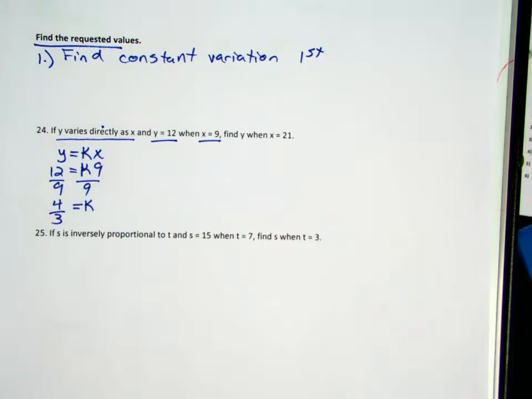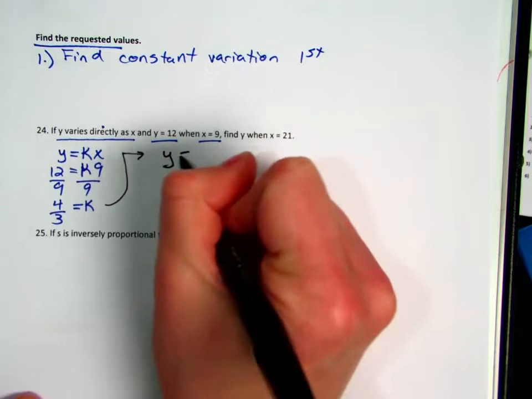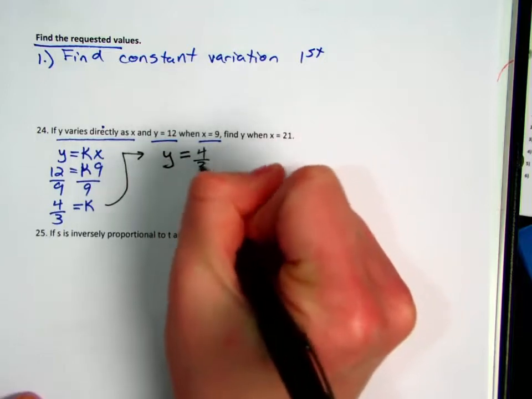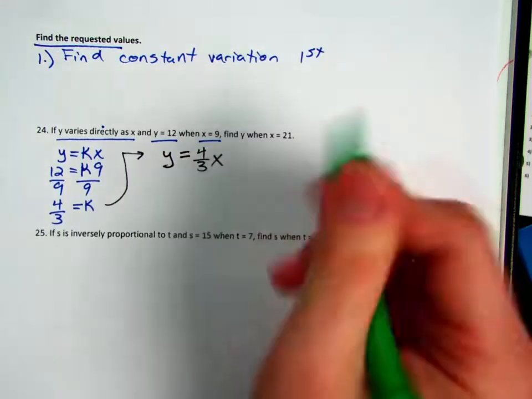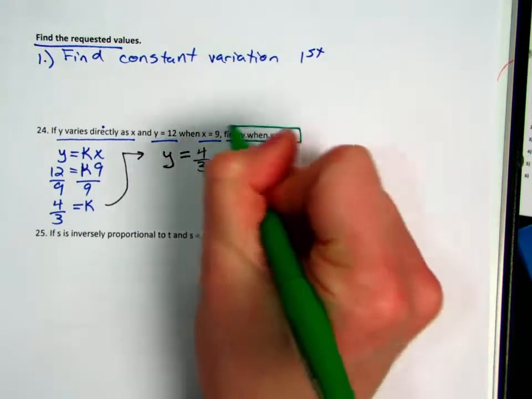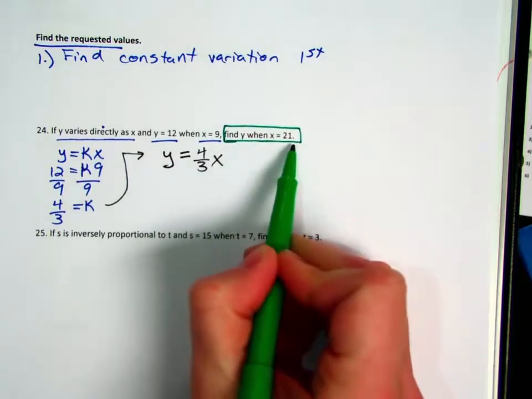So now I have my new equation, which is y equals 4/3 x. In our previous one, this is where we would stop. But now that we found our constant of variation, we need to go a step further because it's asking us to find the value of y when x is 21.